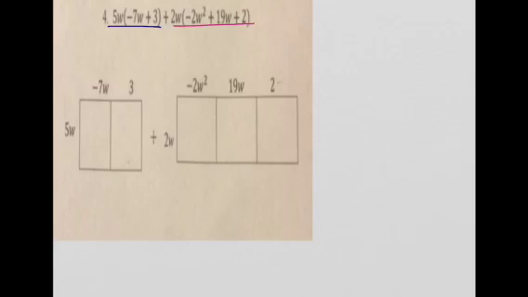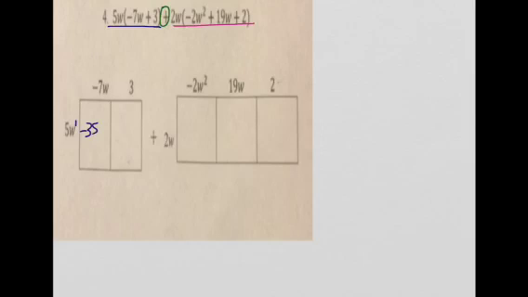Alright, now this one, not only do we have a multiplication problem, but we also have to add them together after we're done multiplying. So let's get started multiplying. 5 times negative 7 is negative 35.